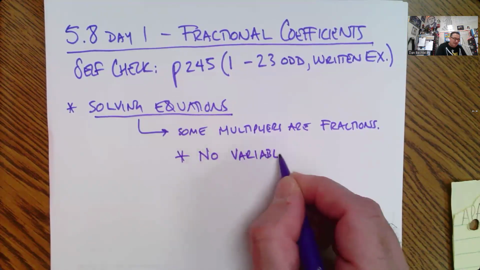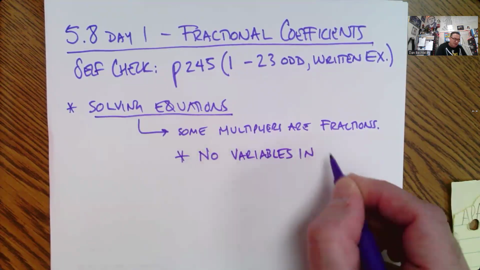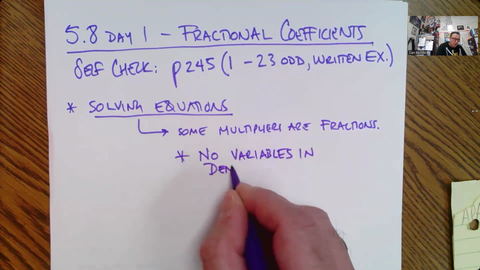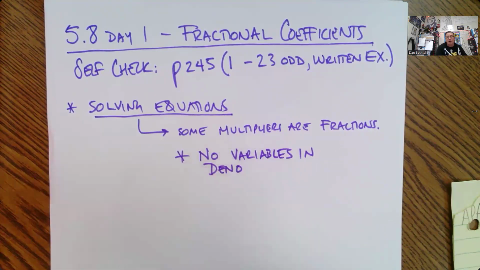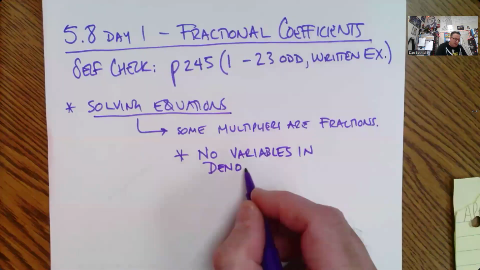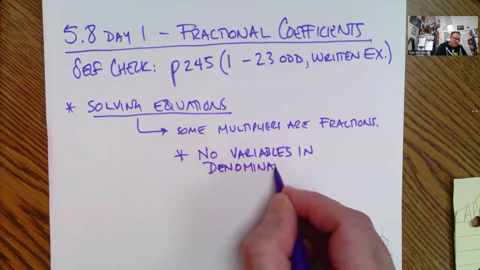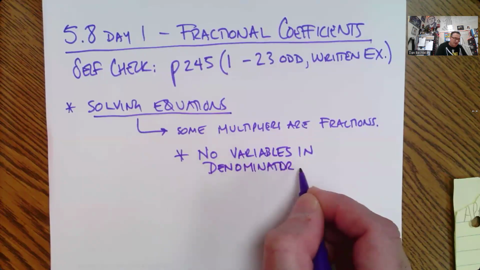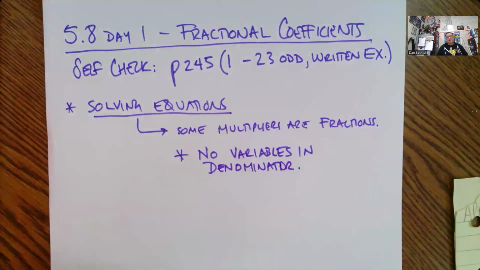And that's what makes this a little bit different than solving what we call fractional equations, okay? That's going to be something we deal with in another section. But here, it's really just dealing with them as numbers themselves.